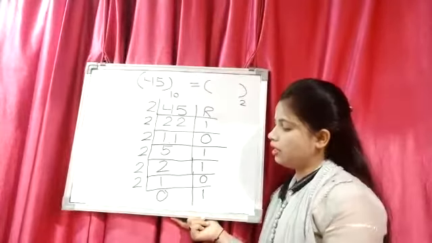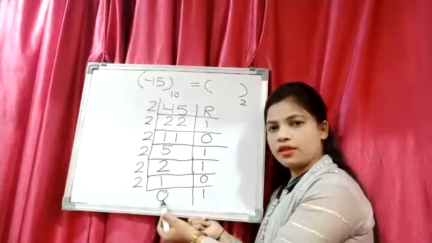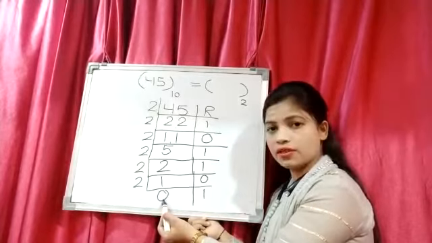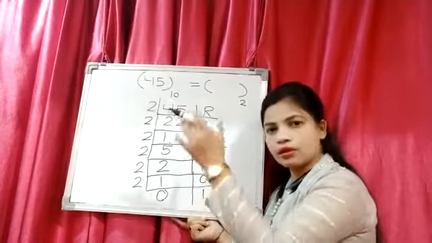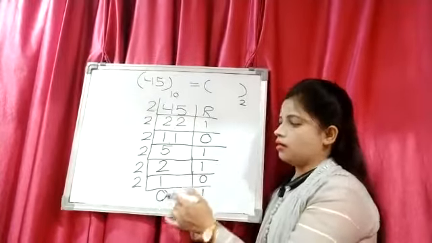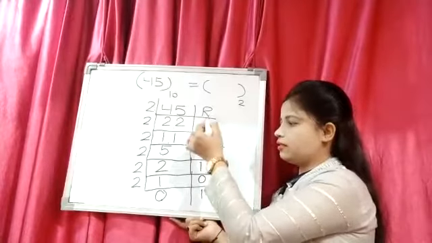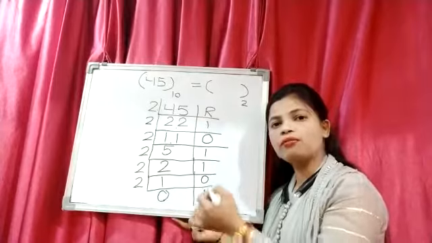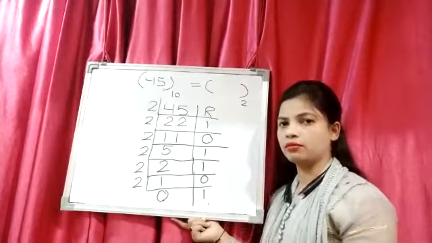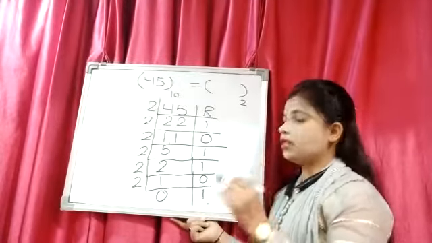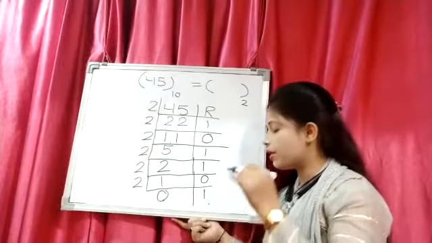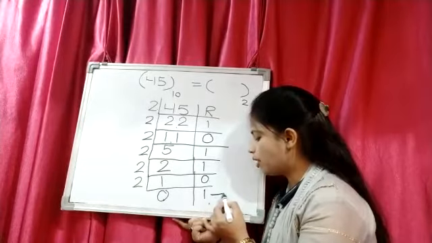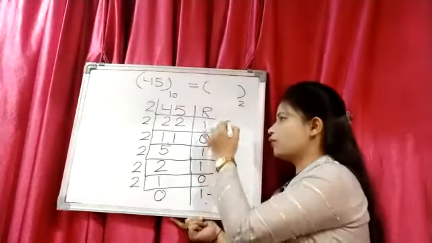Student, here the result of the division is 0. So stop dividing. This is the remainder, and the remainder will be the result in the binary number system. The remainder can be written from bottom to top.